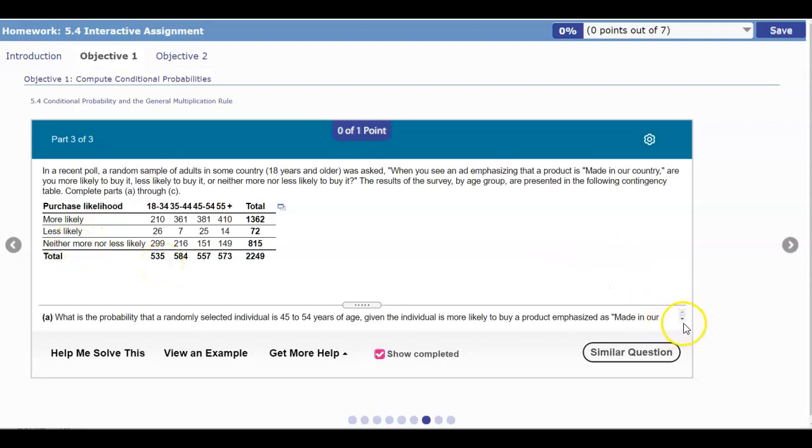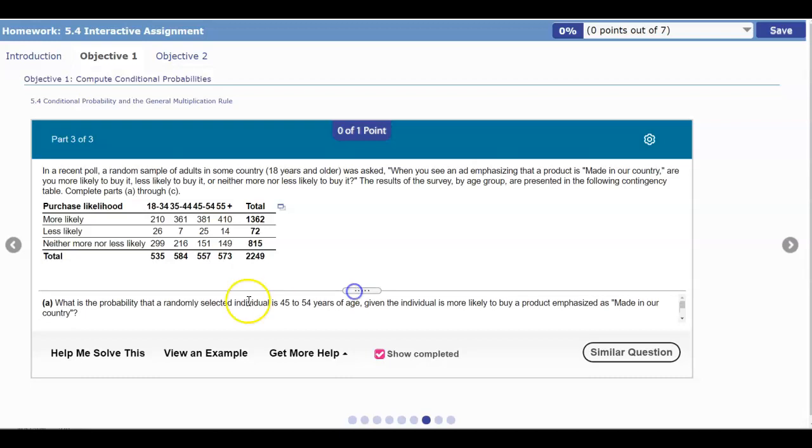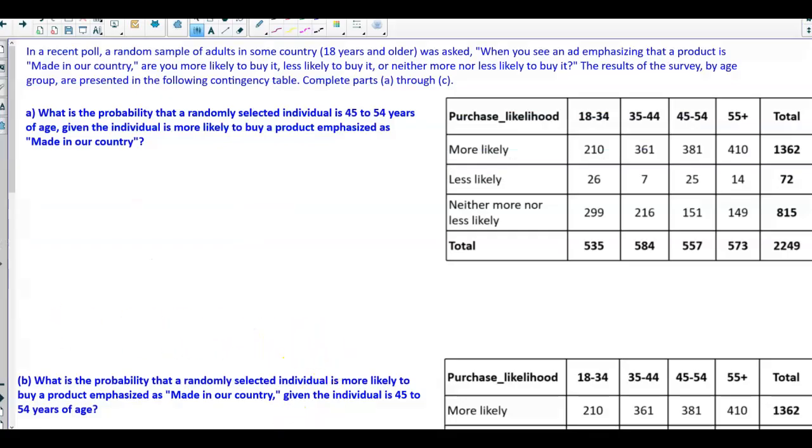Okay? So the first question is asking the following. What is the probability that a randomly selected individual is 45 to 54 years of age, given the individual is more likely to buy a product emphasized as made in our country? So we need to take this a little bit slow here. What is the probability that the randomly selected individual is 45 to 54 years old?